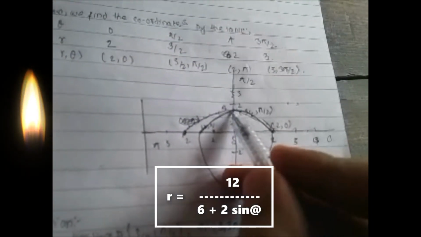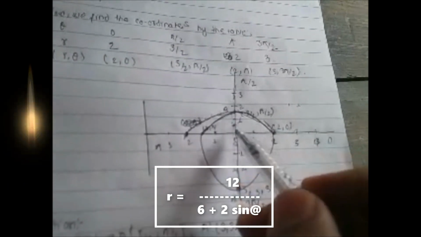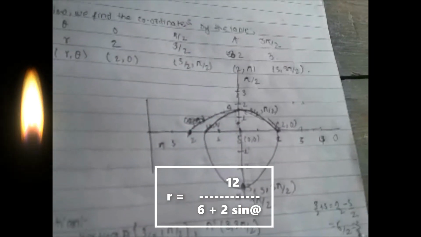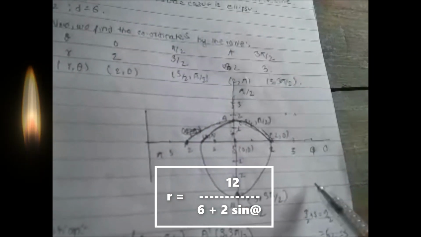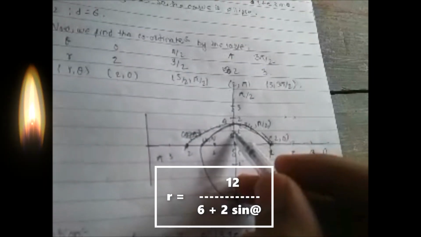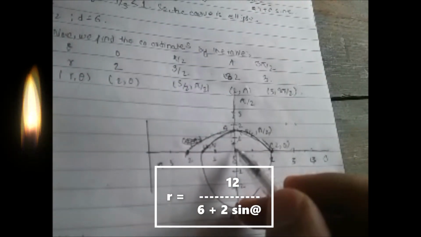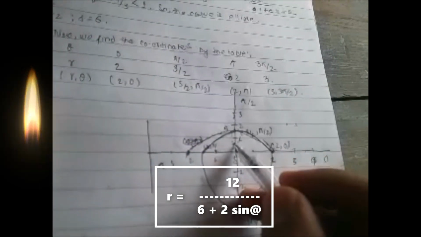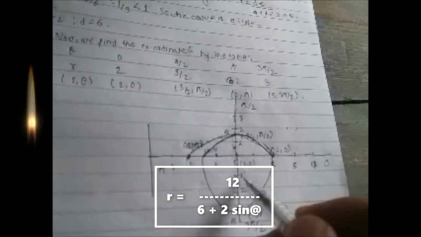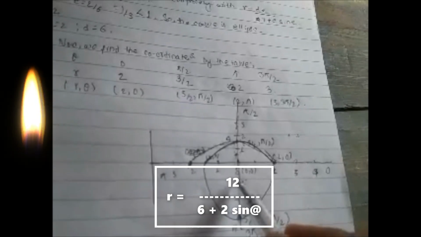So from here it will move by 3. Here 3 by 2 plus 3 by 2. Here let this be 1, 2, 1, 2, 3. I think it would come near here.